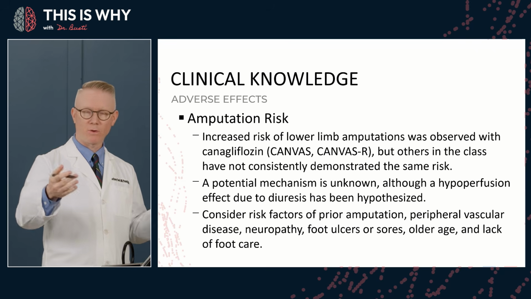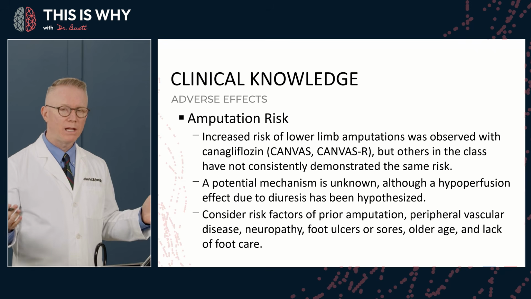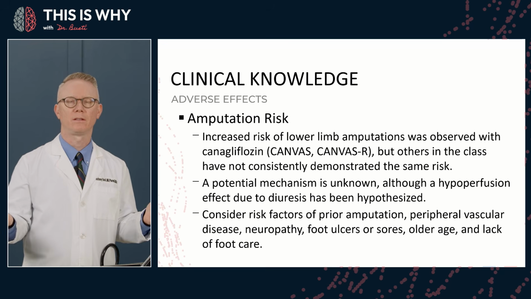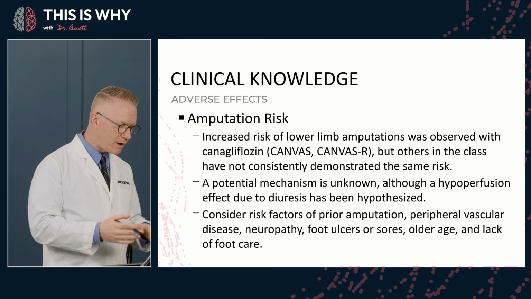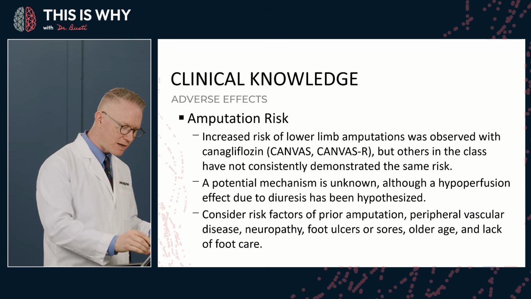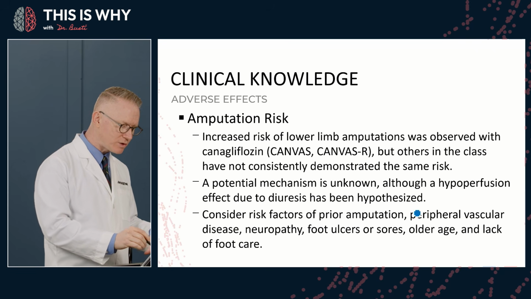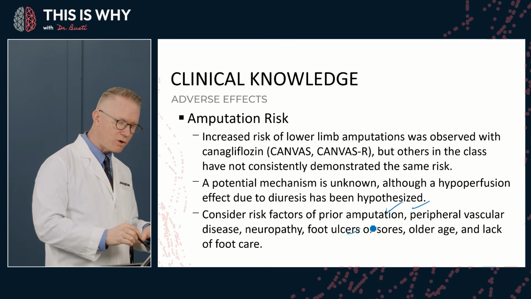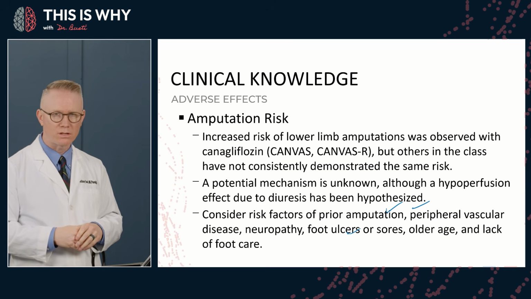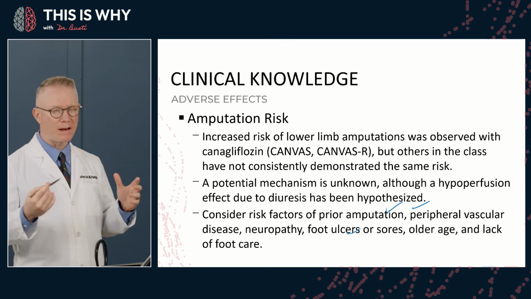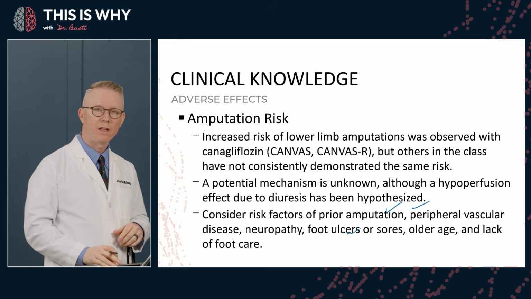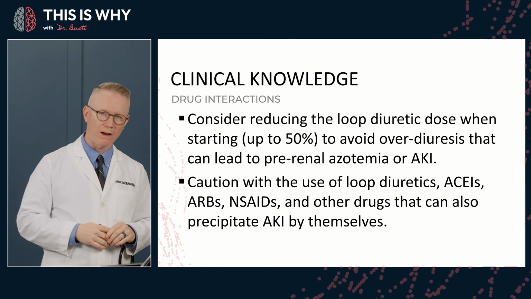Number two, and I talked about Fournier's and things like that, is these patients already are at higher risk for vascular disease anyway, okay? So there have been some concerns. Patients with other known histories of peripheral vascular disease, they've had prior amputations, they have old uncorrected or untreated ulcers, right? Bad care. Those are the patients that are at higher risk that should be on your radar.